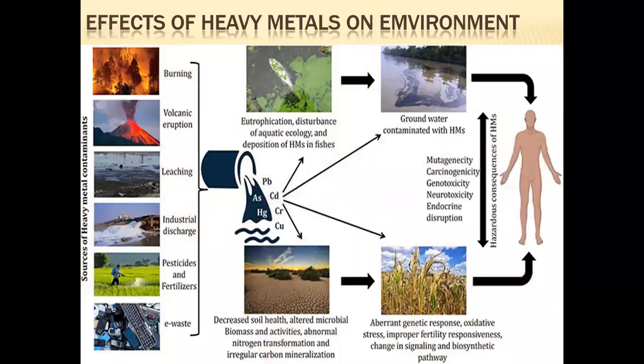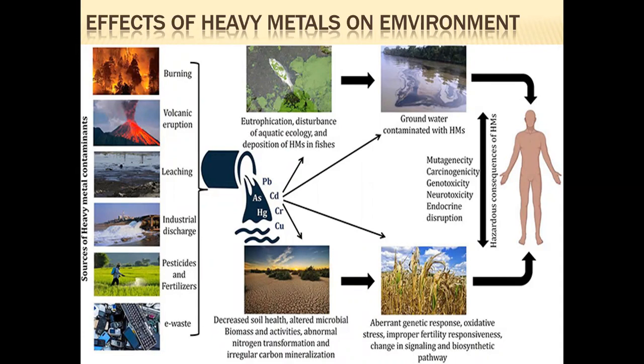In this slide, we discuss the effects of heavy metals on our environment. In this picture, we can see the heavy metals are produced by burning of forest, volcanic eruption, leaching, industrial discharge, pesticides and fertilizers, and electronic waste.